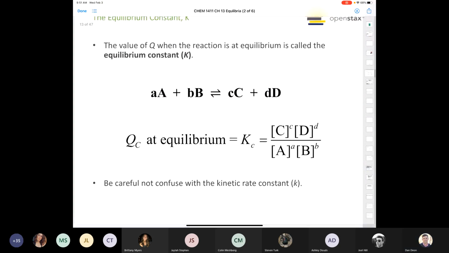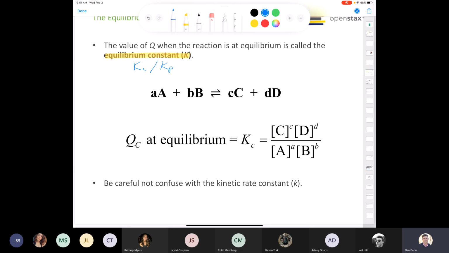Again, when we're at equilibrium, we have a different variable that we use, and we call that capital K, the equilibrium constant. This is something else that we're going to look at constantly, no pun intended, in this class. I usually say Kc for the equilibrium constant when we're using concentrations, and Kp when we're dealing with pressures. But the main idea is that it's capital K for the equilibrium constant. Do not confuse this with lowercase k.